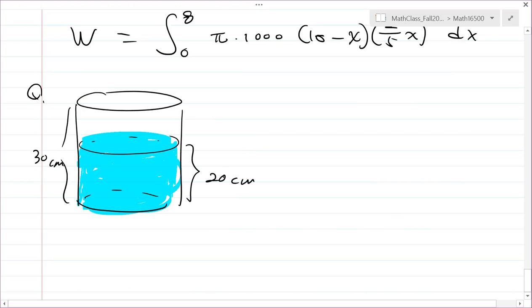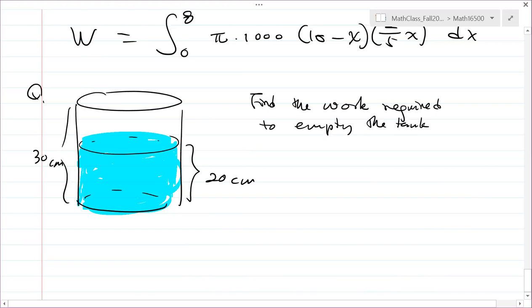My question, let's do a simple one. I understand this idea. My question is, find the work required to empty the tank. The water should go up, pull up.